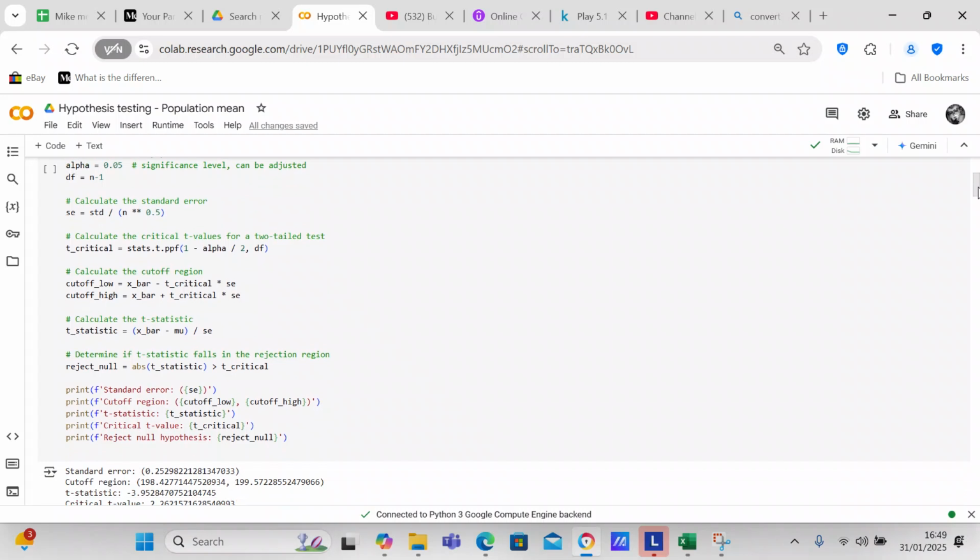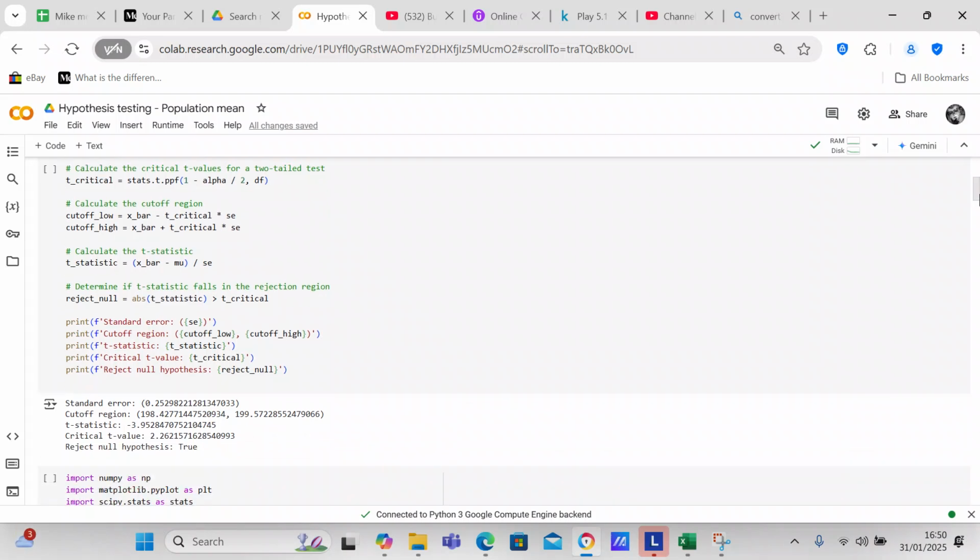So t-critical equals stats.t.ppf, and that's a percent point function. 1 minus alpha divided by 2, and then the degree of freedom. And your t-critical is going to be 2.26.